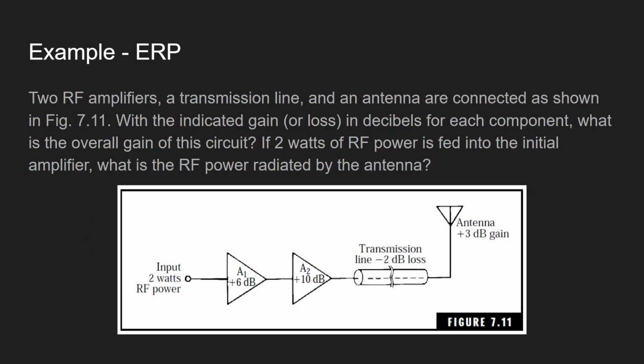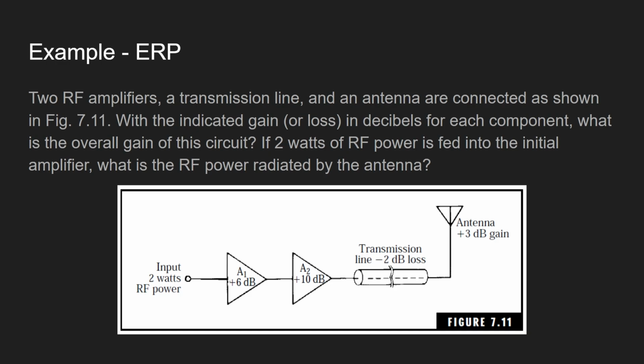Okay, example. Still remember that we talked about the ERP? The ERP is the emission rectified power, right? So we use the ERP to measure how much gain is included.